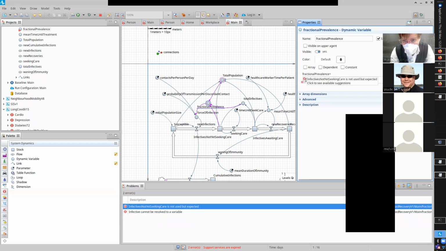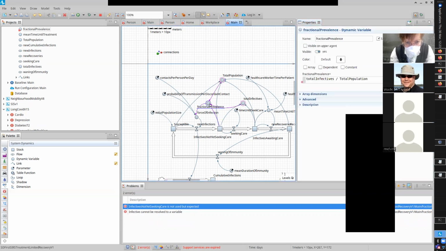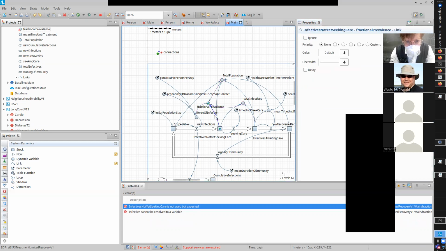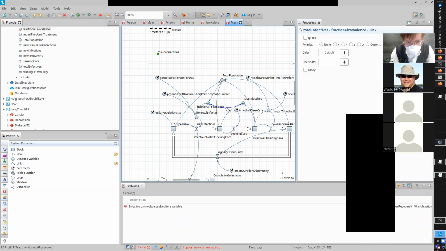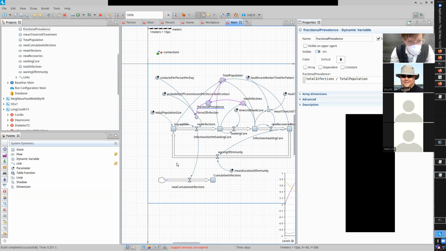So it says infectives not yet seeking care is not used but is expected. So we no longer need this one because it's all factored through this one here. This one totals up the two infectives, and then we just refer to that. Okay, that's great.